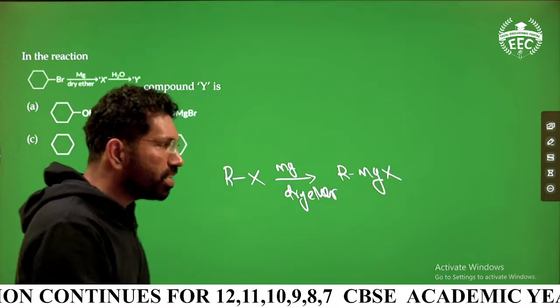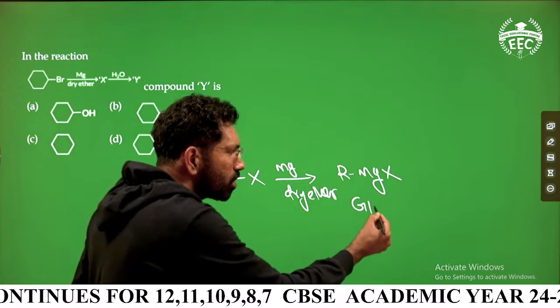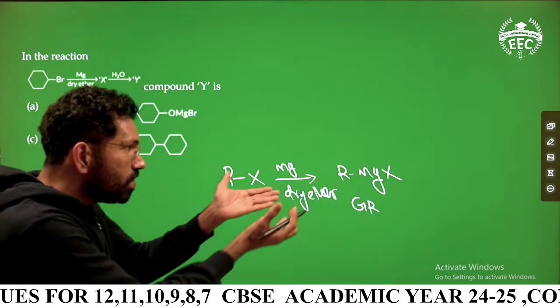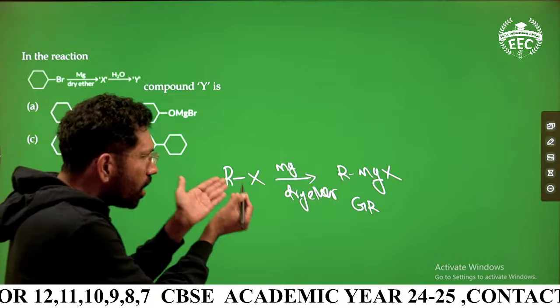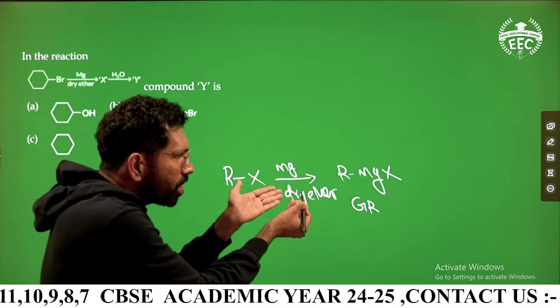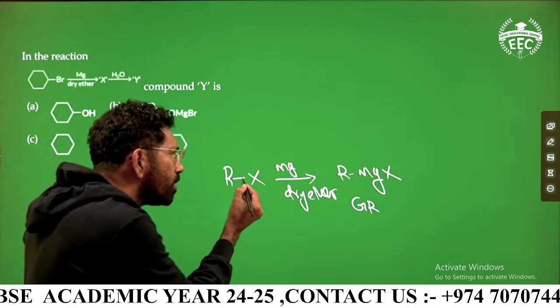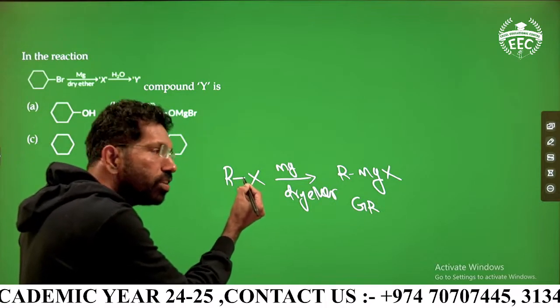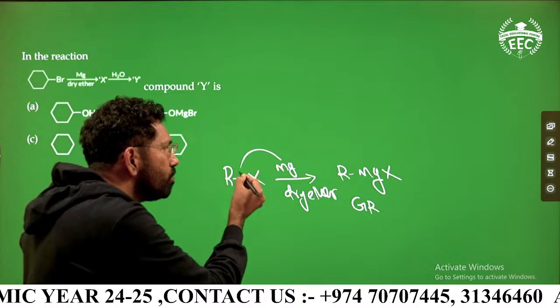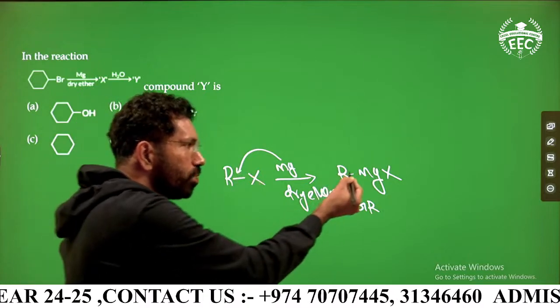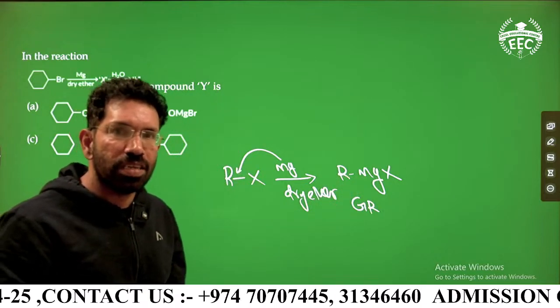This is called the Grignard's reagent. So RX on treating with Mg in dry ether gives RMgX. There is a bond between carbon and halogen, and magnesium will come in between. This is an organometallic compound, the Grignard's reagent.